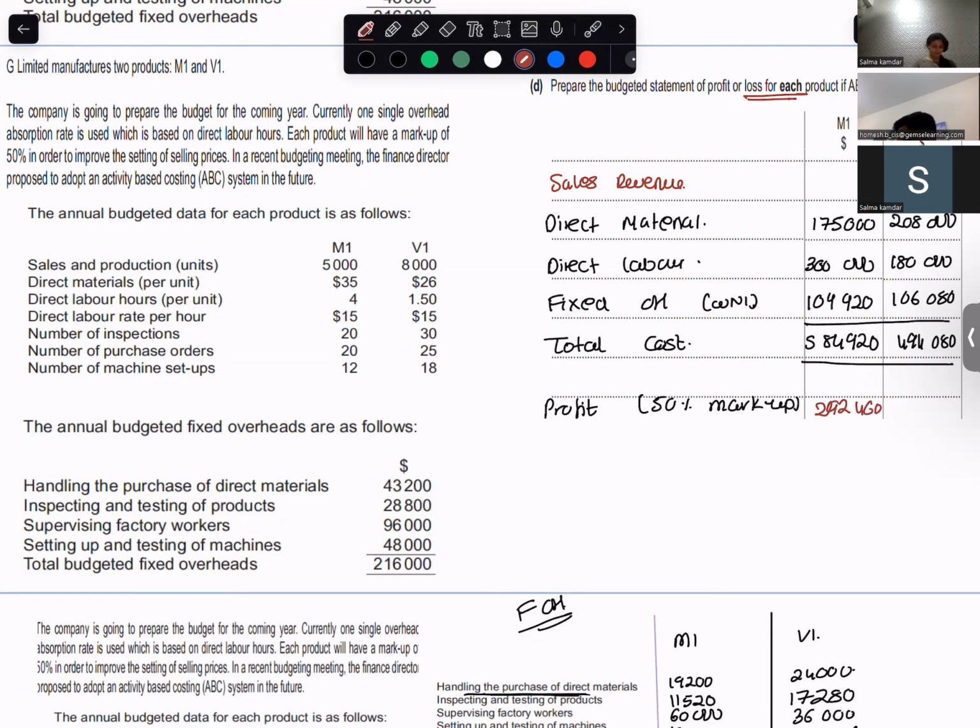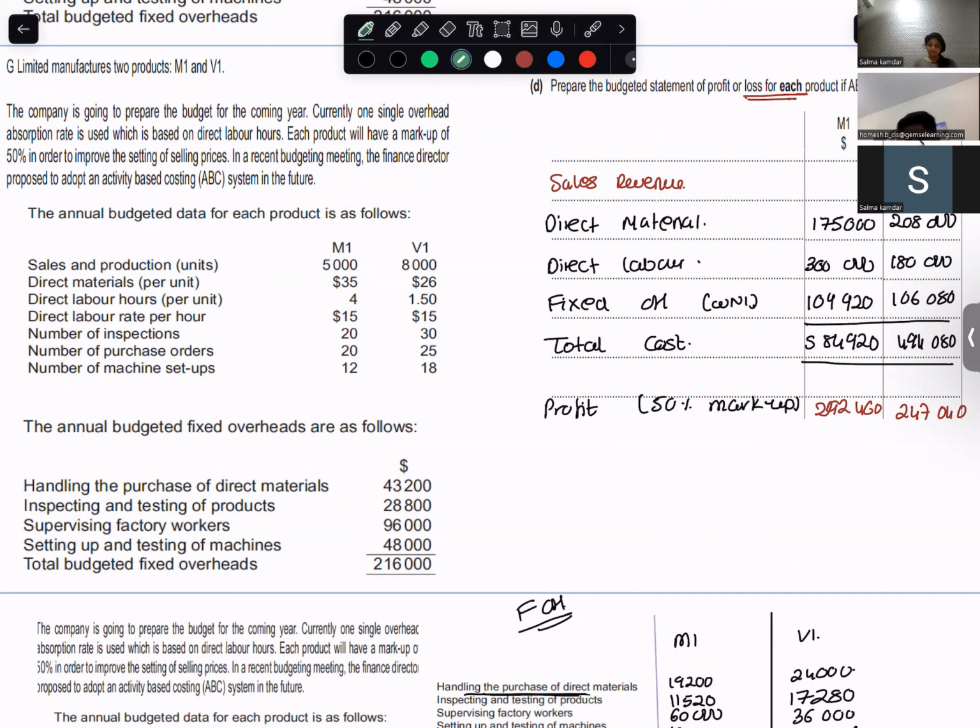For V1 the profit is 247,040. So what will be my sales revenue? You just add the cost and profit.